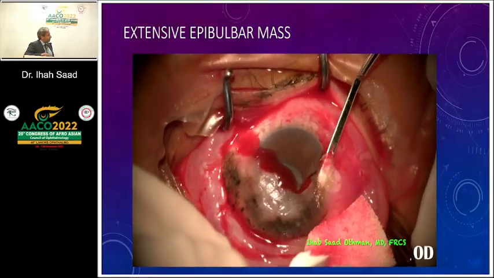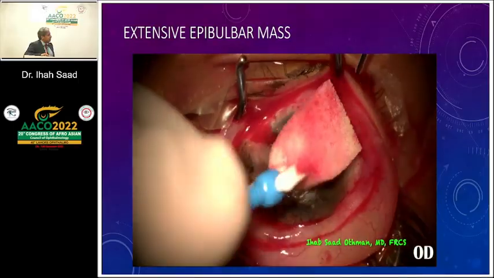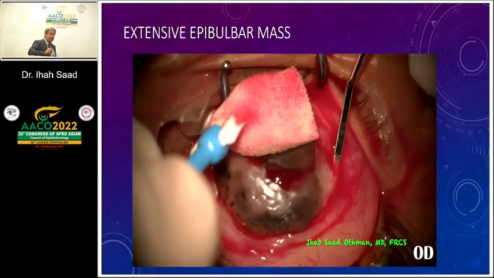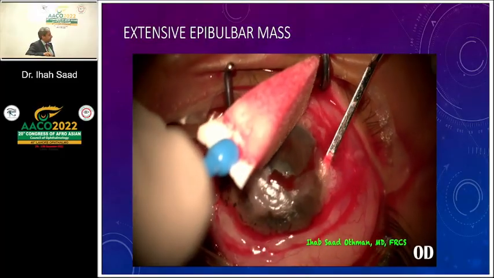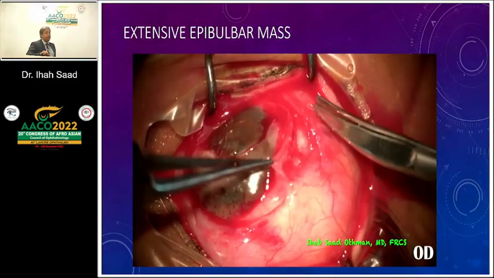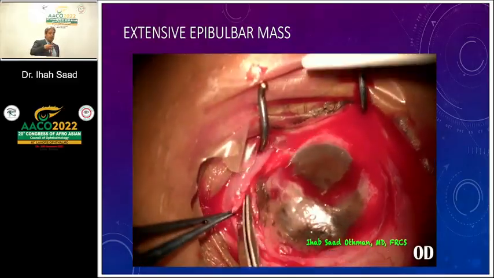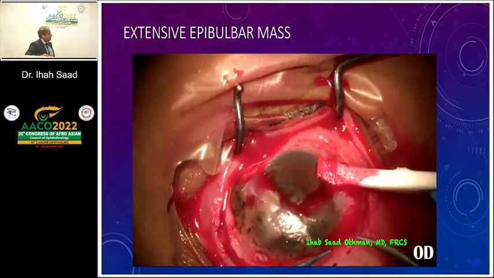And this was something really, to our surprise, that went so smooth, without even having any resistance in pushing the iris spatula. So now we're quite sure that it is not infiltrating the cornea, it's sitting on top of the epithelium, to our luck and to the lady's luck as well.